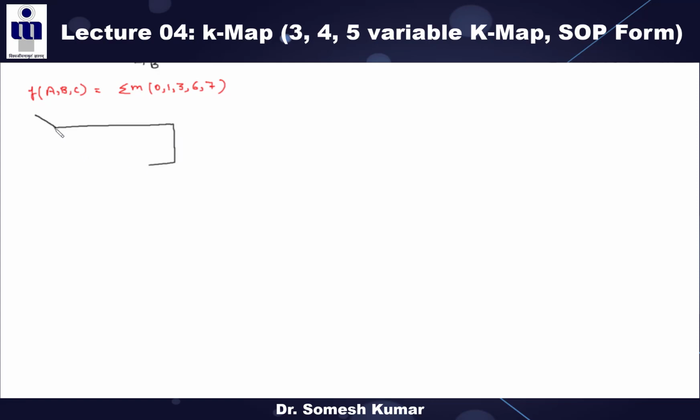So these are three variables. So 8 cells, right? This is A, this is B and C. This is 0, 1, this is 0, 0, this is 0, 1, this is 1, 1, 1, 0, right?